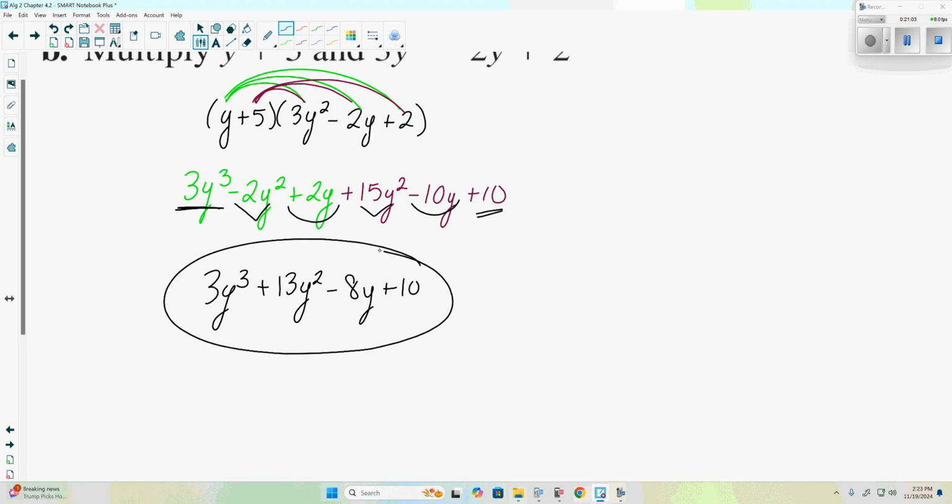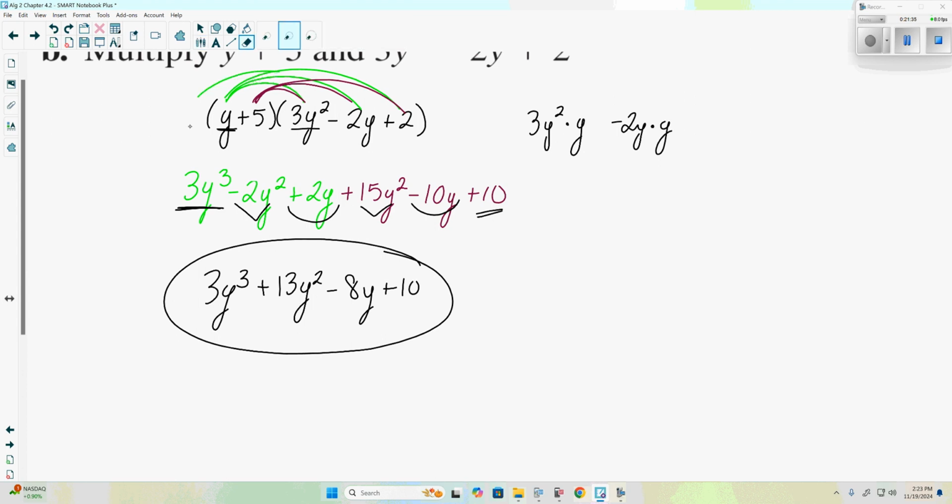Whatever you write first, the result takes on what comes first, as in the variable. Really all we're doing is y times 3y squared, so we're saying 3y squared times y. Then we'll have negative 2y times y. A student asks: if the first and second were flipped, would you distribute 3y squared to y?